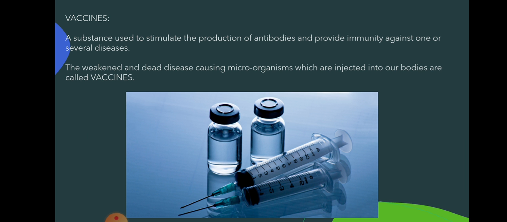Vaccines. A substance used to stimulate the production of antibodies and provide immunity against one or several diseases is known as a vaccine. So, the weakened and dead disease causing microorganisms that are injected into our body are known as vaccines. The vaccines are prepared from weakened and dead disease causing microorganisms.